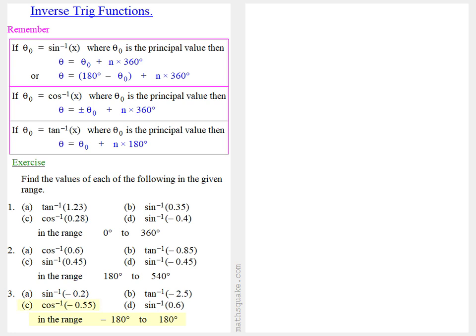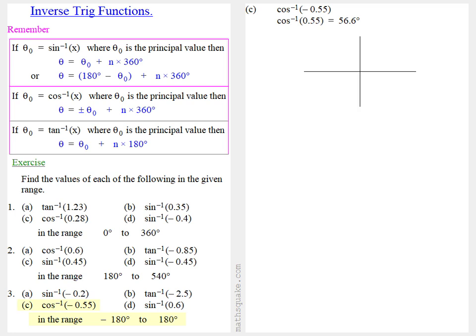Now, in question 3 part C, we're asked to find the inverse cosine of minus 0.55 in the range minus 180 degrees to 180 degrees. Now the first thing we have to do is find the inverse cosine of plus 0.55. Now using a calculator we get that as 56.6 degrees when rounded off to one decimal place.